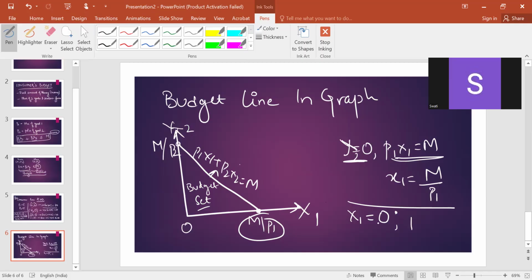If we put this value in our budget set, we get P2 x2 equals M. In that case, x2 becomes M by P2.